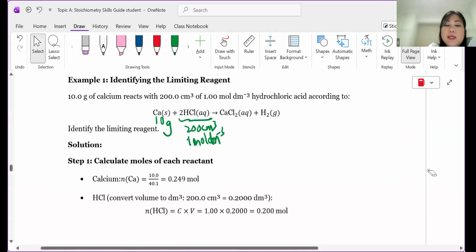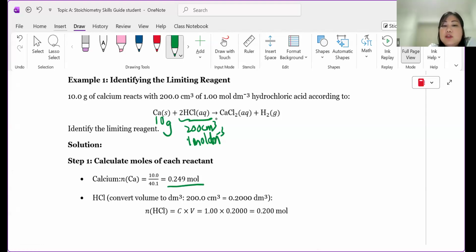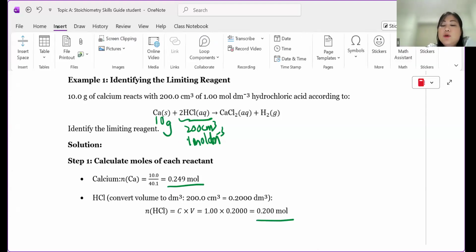Okay, so take the 10 grams, divide by the Ar, so you get the number of moles of calcium. Then you take concentration times volume, you find the number of moles of acid. Then you ask yourself, for 0.2 moles of acid to be used up, since the mole ratio is calcium to 2 acid, how much calcium do I need?